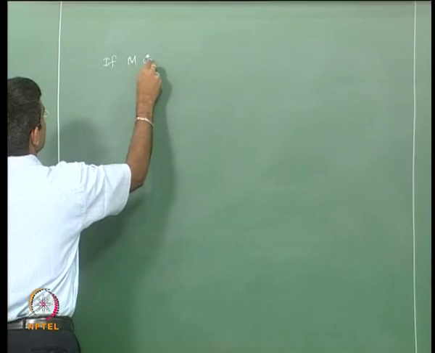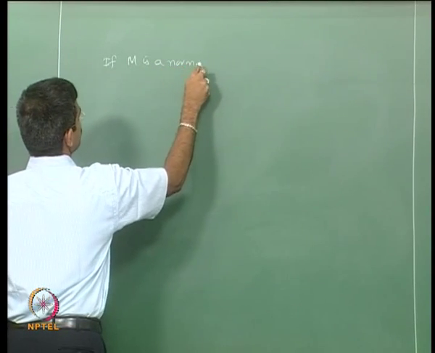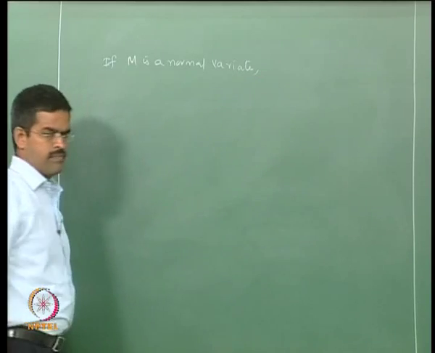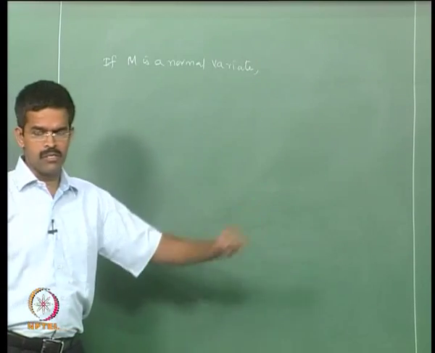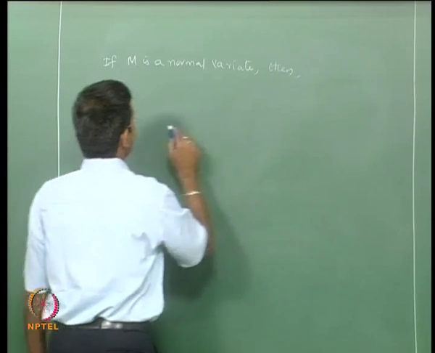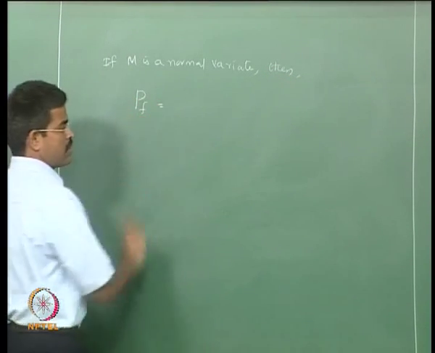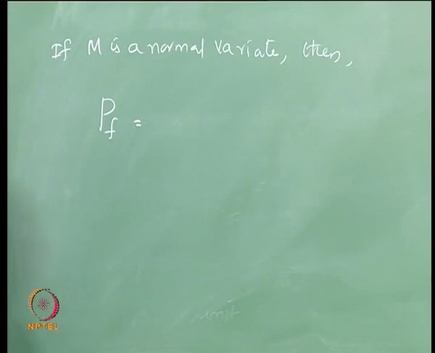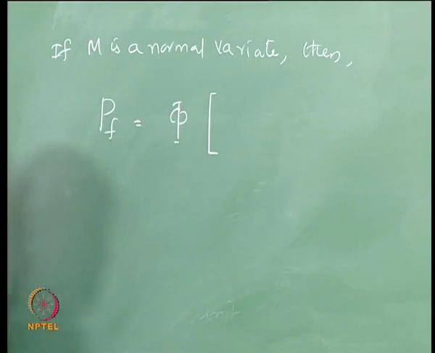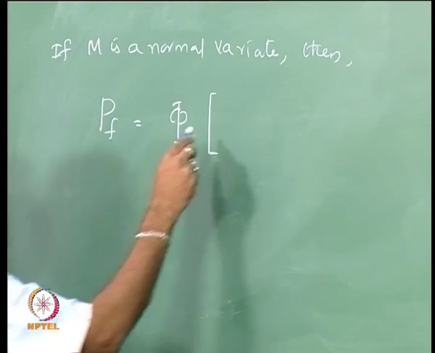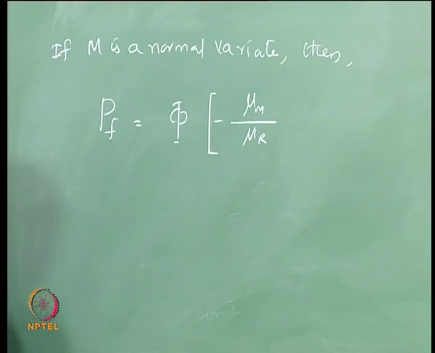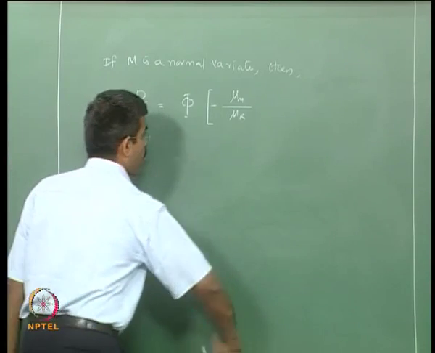If M is a normal variate, because R and S are normally distributed, then we already know this probability of failure is simply given by phi of minus mu M by sigma M.